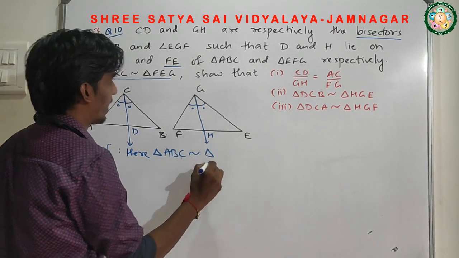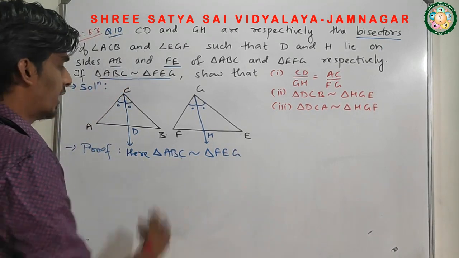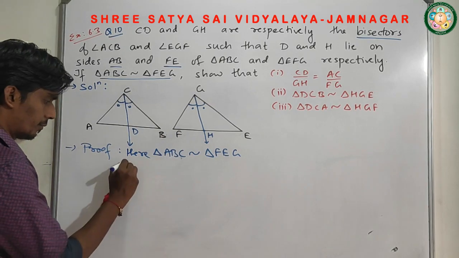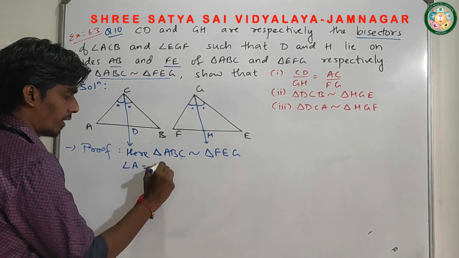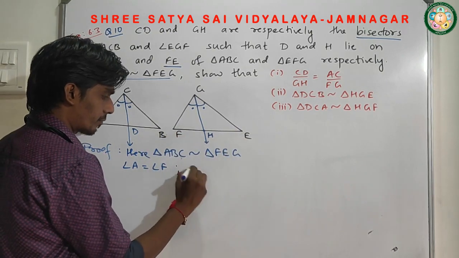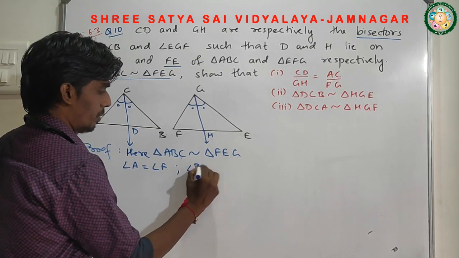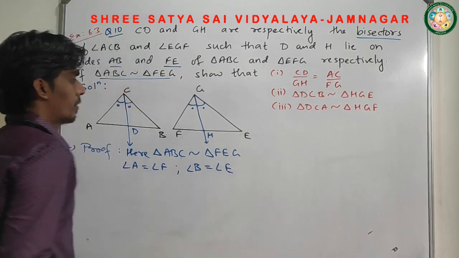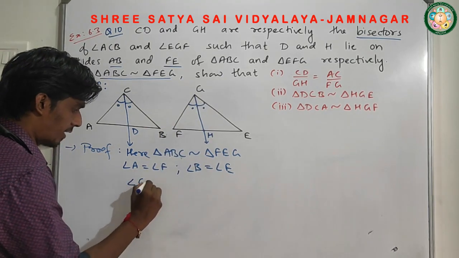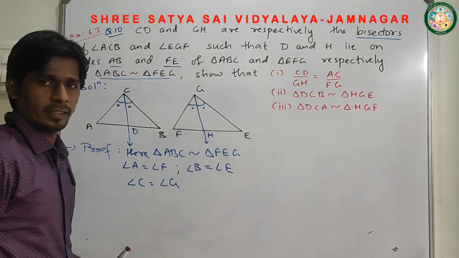If they are similar, then definitely I can write angle A is equal to angle F, angle B is equal to angle E, and angle C is equal to angle G. As they are similar, they are equal.